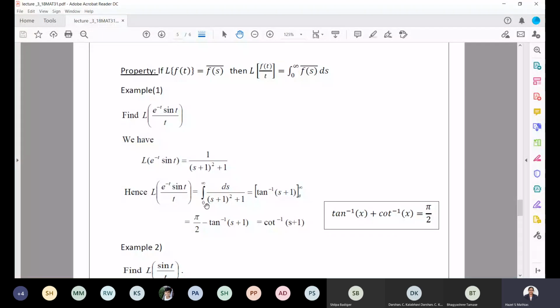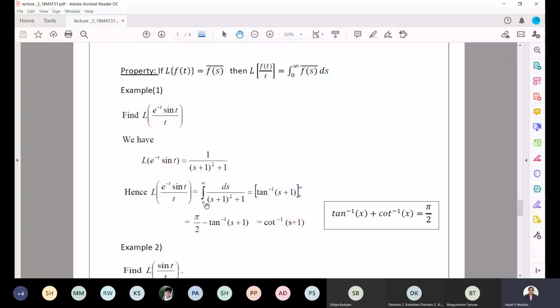Is it 0 to infinity? Anybody answer me. Is it 0 to infinity? Yes, ma'am. Is it? Yes to infinity. Why? That only.